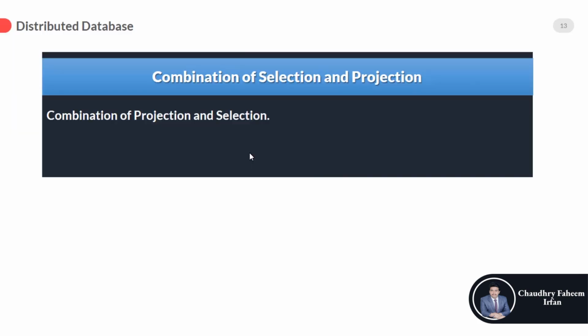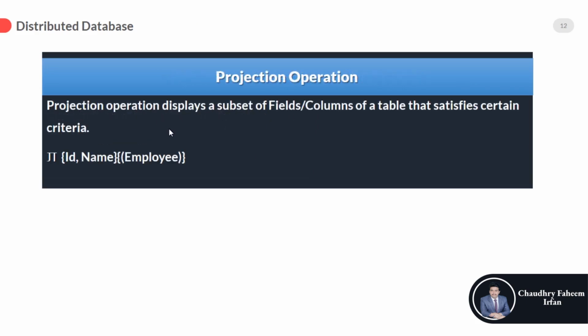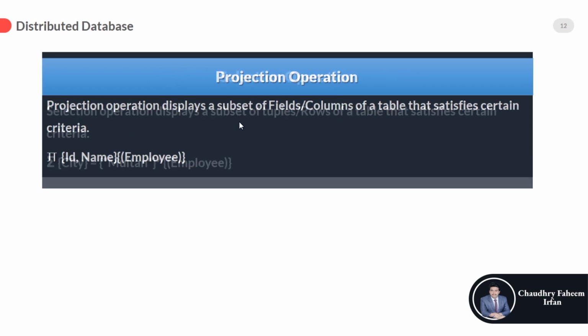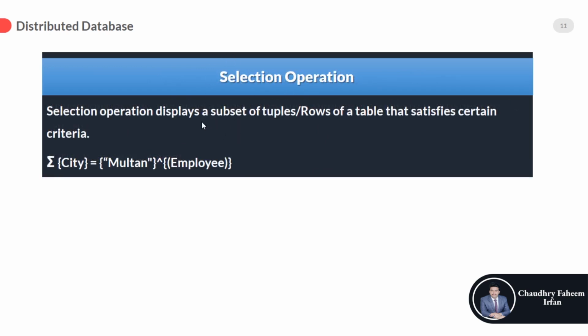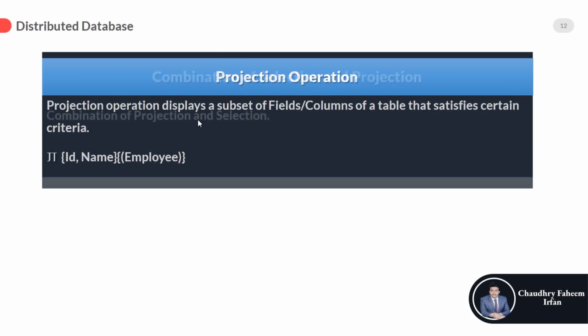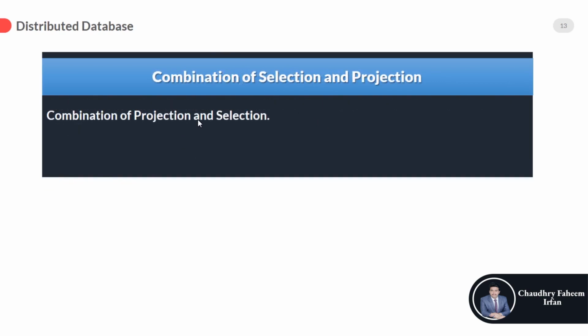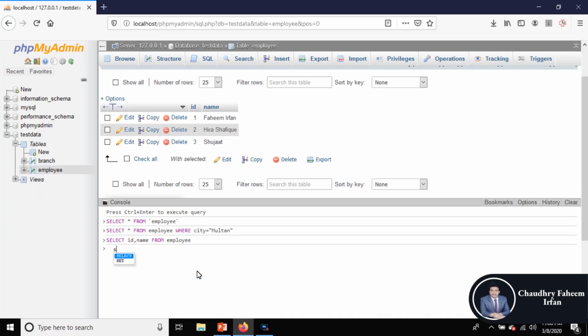Now the next one is the combination of selection and projection. In a single query we are going to perform the combination of selection operation and projection operation. So by using a select query: select ID, name from employee where city is equal to Multan.